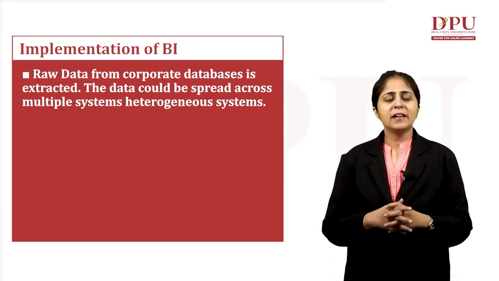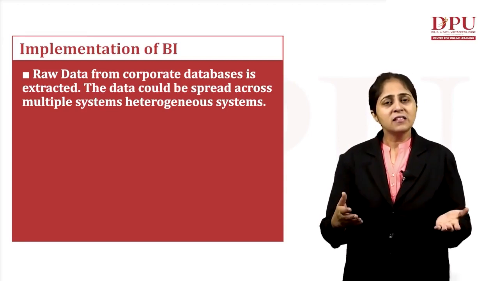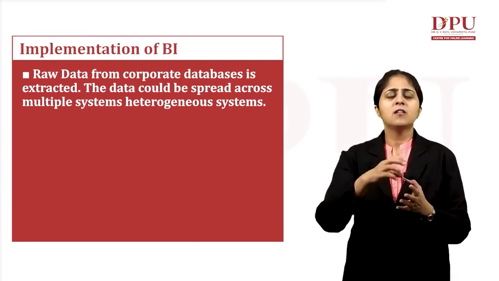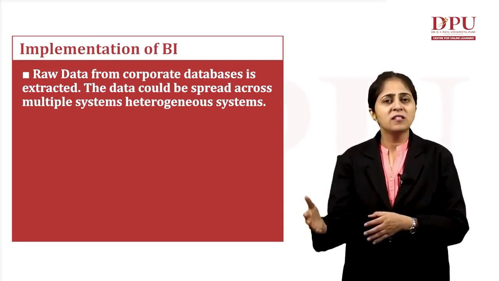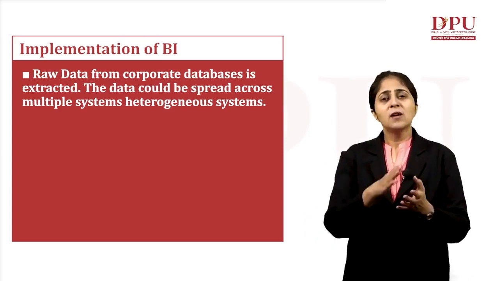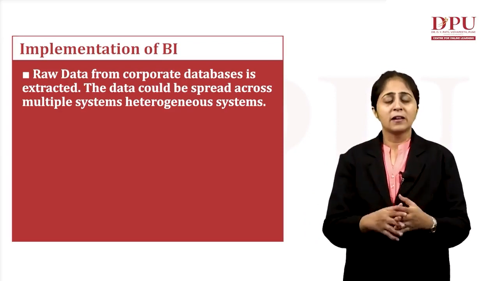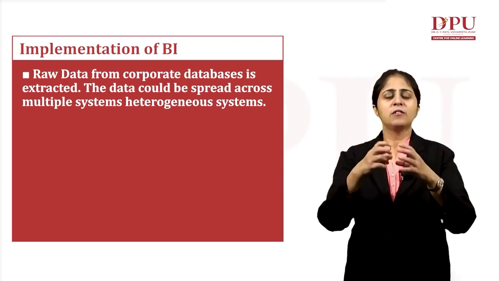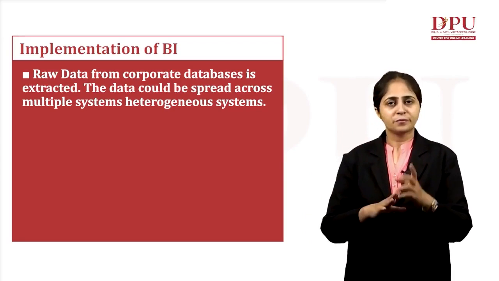This data will be collected from various databases, and these databases may be storing the data in their own format. They will be different heterogeneous systems, because they all store this data in their own way. That is why the data will be extracted from various heterogeneous systems.